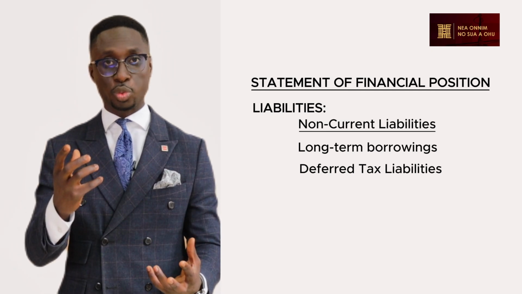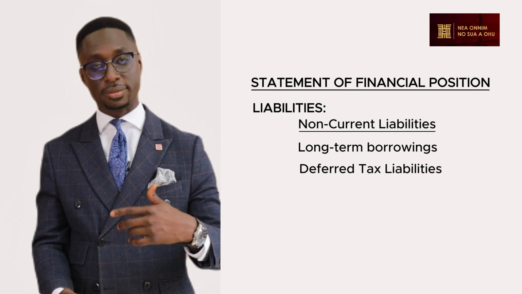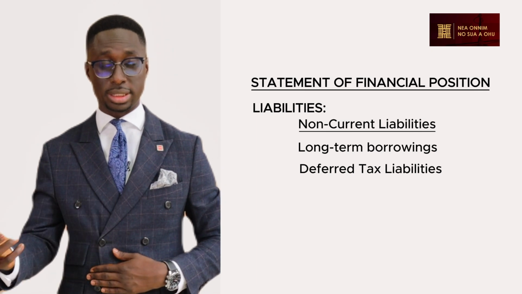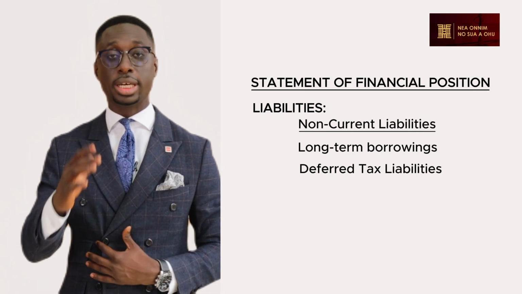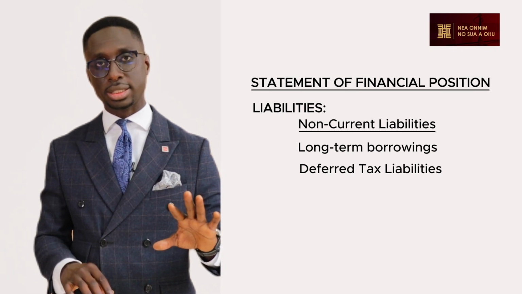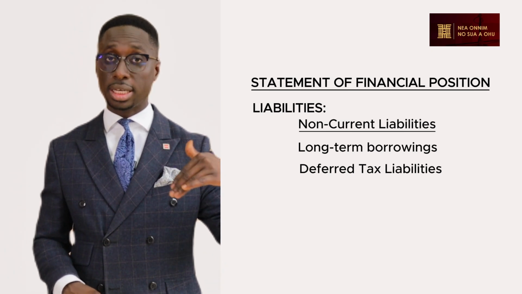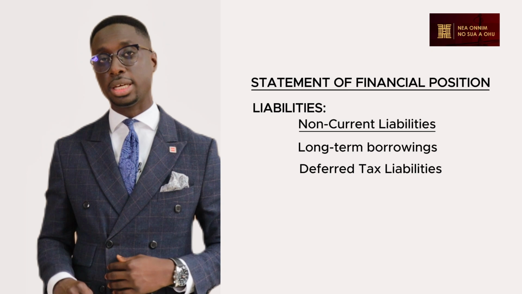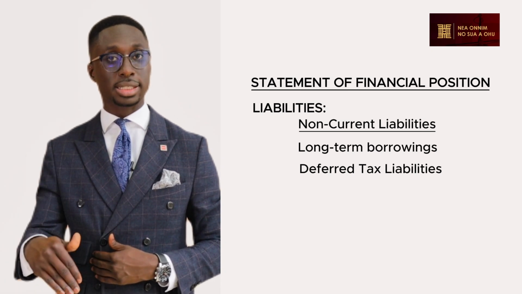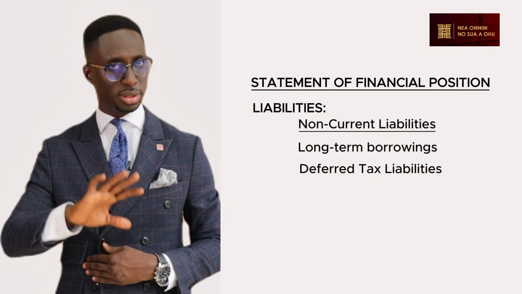So depending on which one is bigger, you will either have a deferred tax asset or a deferred tax liability. But as I did say early on, it is a matter we'll deal with later. So just know that there exists deferred tax assets as a non-current asset, and there is also deferred tax liability, which exists as a non-current liability. We'll deal with that.